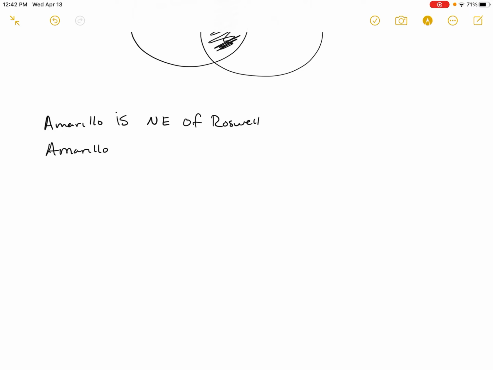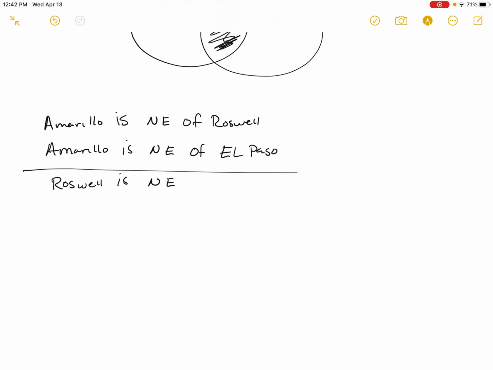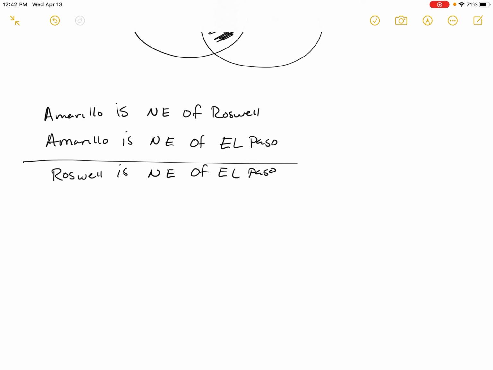Amarillo is northeast of El Paso. Therefore, Roswell must be or is northeast of El Paso. And so we want to just look through the argument and see, does that have to be the case?